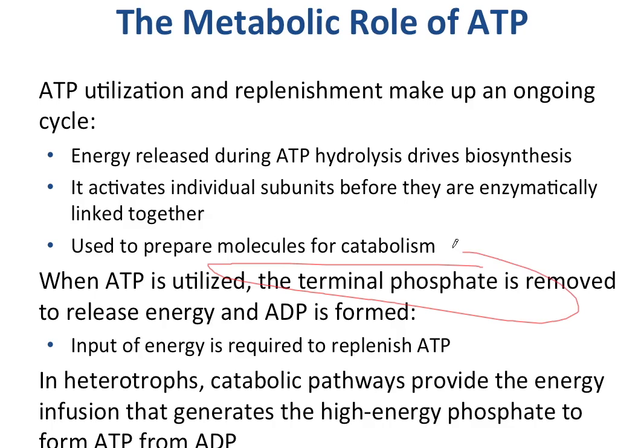Once ATP is used, it's degraded. The third phosphate is released, and so the energy is released from ATP for the cells to use. For the microorganism, the catabolism provides energy. That energy can be stored to the ADP to form ATP.